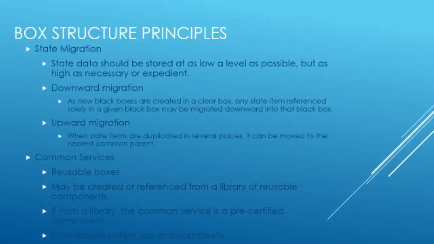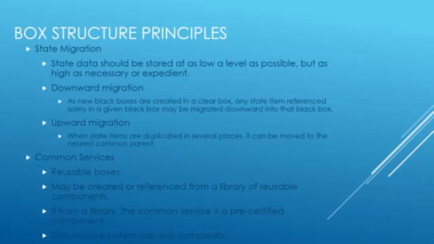These are the box structure principles, where state migration: state data should be stored at as low a level as possible, but as high as necessary for expedient downward migration.